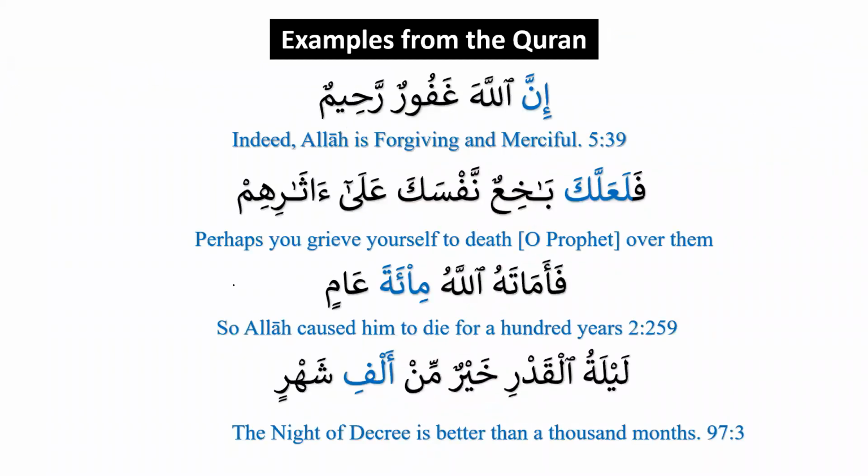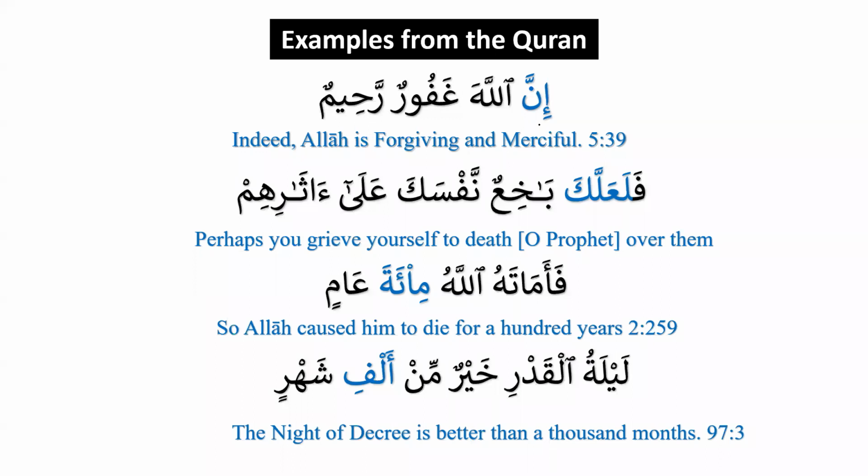Now let's have a look at some examples from the Quran of the ideas that we learned at the beginning of the lesson. If you remember, I told you in the beginning of these lessons that if you can remember one example of one rule that you're learning from the Quran, that will be really helpful.